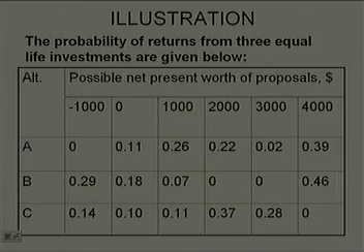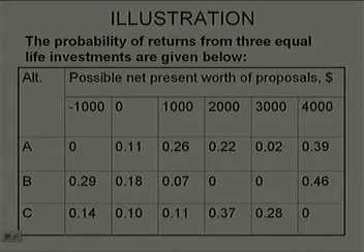Yes, just look at this particular slide. We are talking of most probable future. So, what you see in option A, alternative A, the maximum probability value is associated with $4,000. That means I am assuming that this is bound to be happening because it has got the maximum probability.